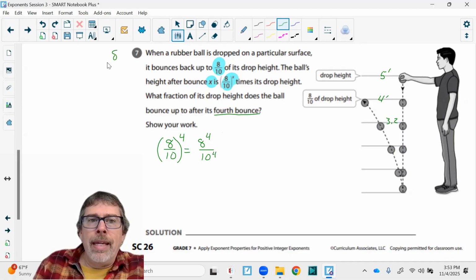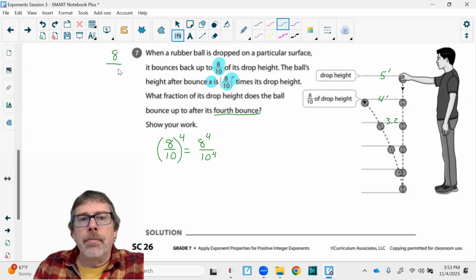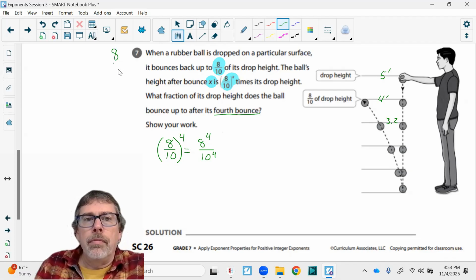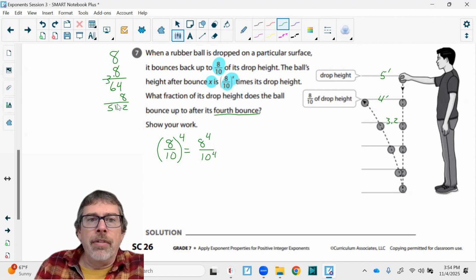So I'd know that 8 times 8 is 64. That's 8 squared. Multiply that by 8, you get 512. Okay, and this is a 0.8, right?